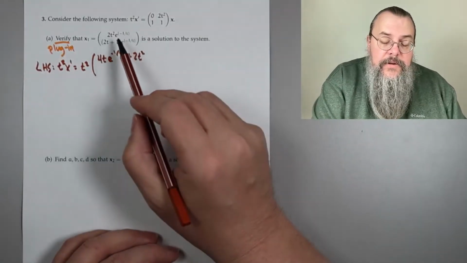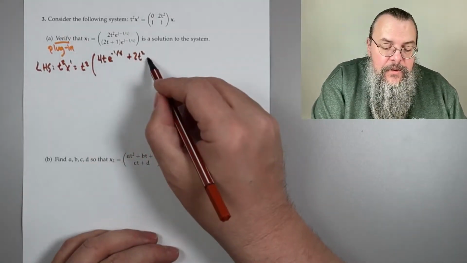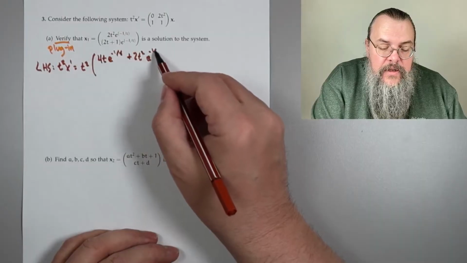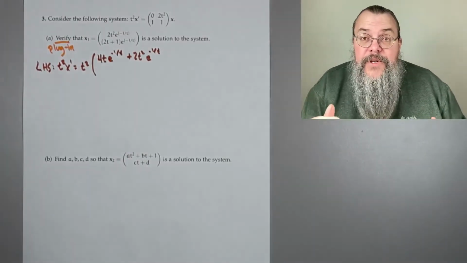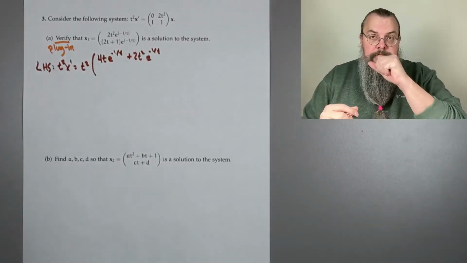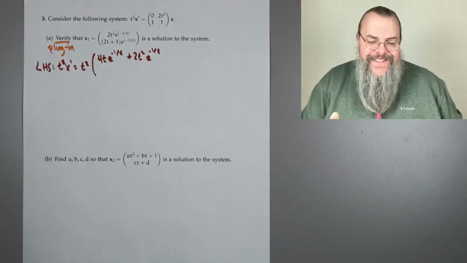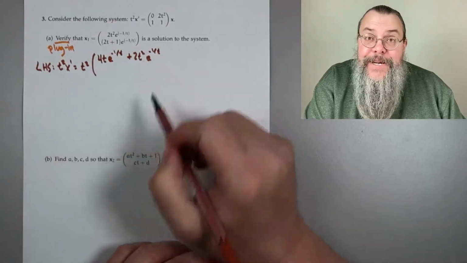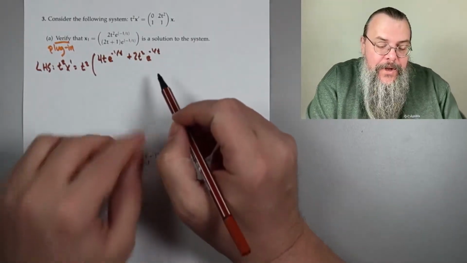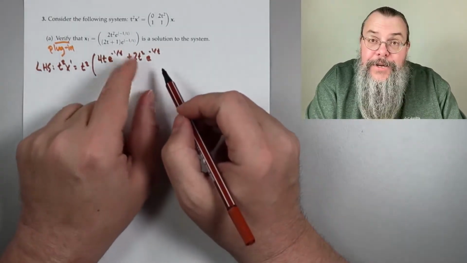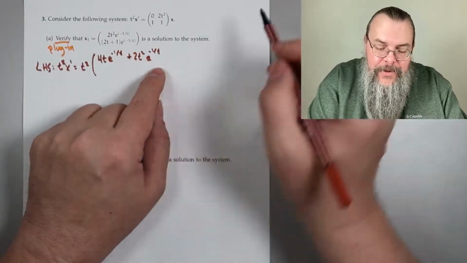Now, the derivative of e to the minus 1 over t. It starts as e to the minus 1 over t, right? And then what? Chain rule. So what's the derivative of minus 1 over t?